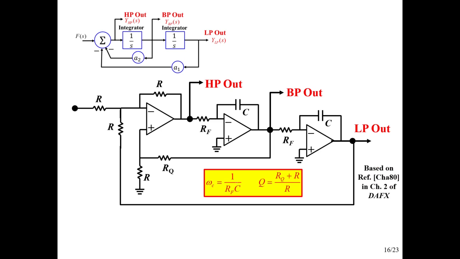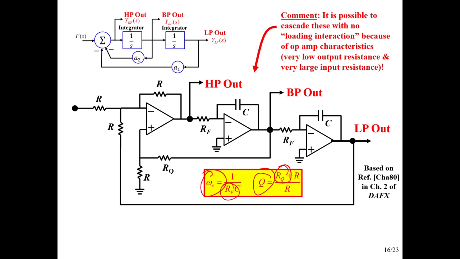So two resistors control decoupled control of the cutoff frequency, or omega sub c, cutoff or center, and the Q. It's a beautiful setup. And you might wonder, we're just cascading these. Isn't that a problem? Well, that's the beauty of op amps.